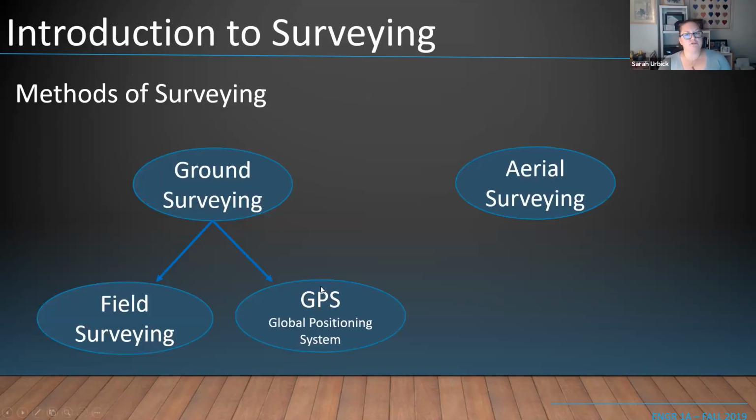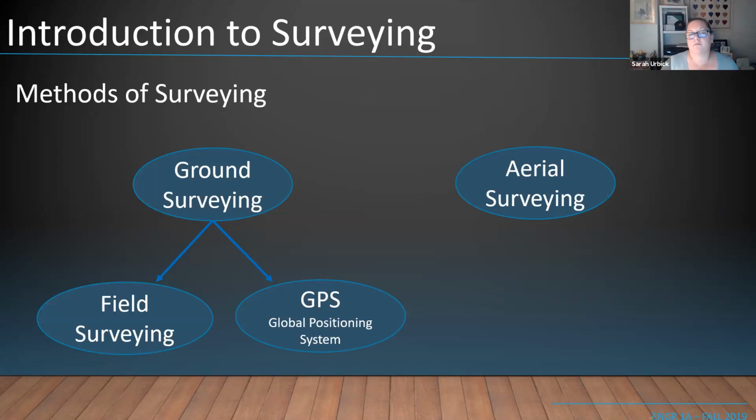All right, introduction to surveying. I thought this whole thing was introduction to surveying. However, there are different methods of surveying, different methods of covering information. I'm running a little bit short on time tonight.